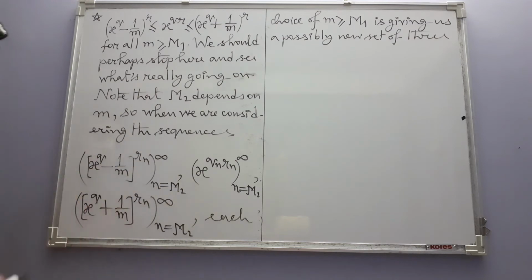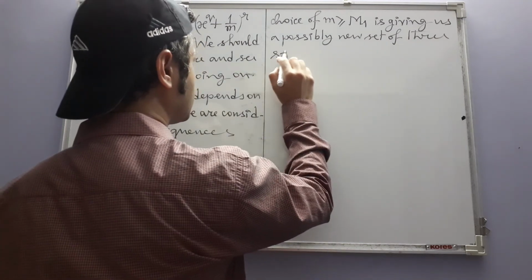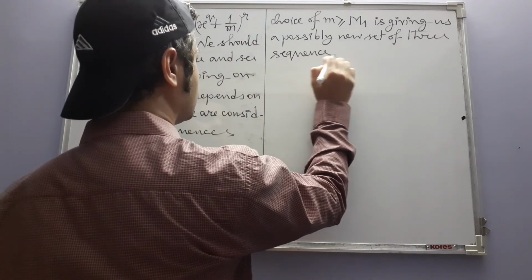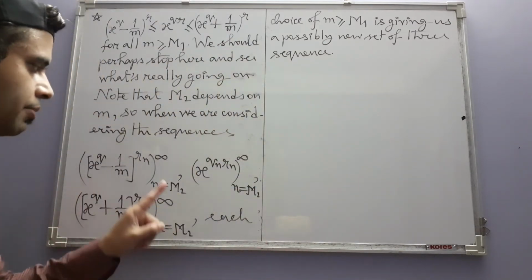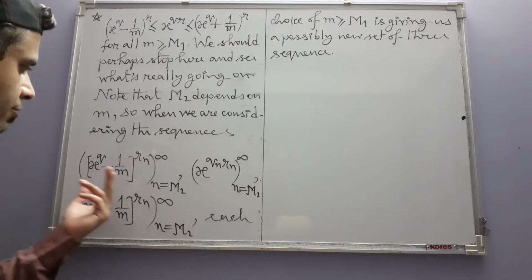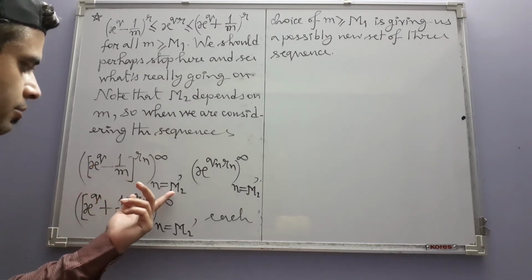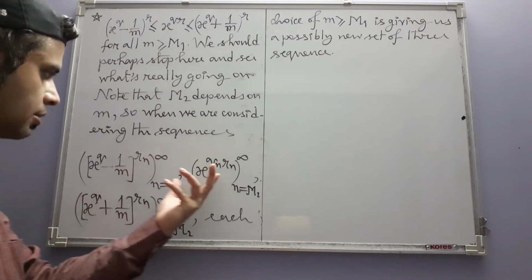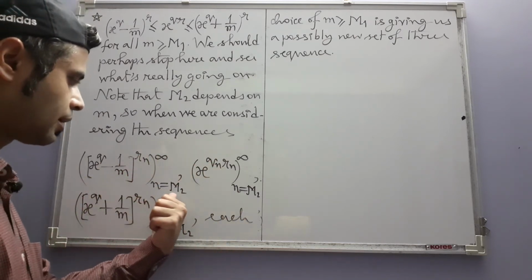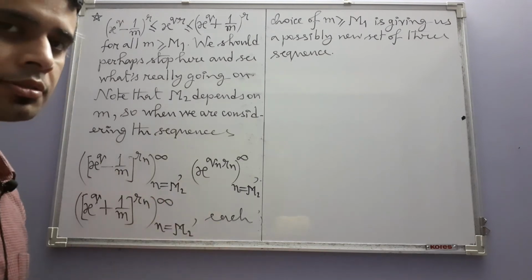These three sequences. Why a possibly new set? Because this capital M2 depends on small m. So every time you consider one small m, the sequences that you consider here, the terms of course are these, but the starting point likely changes.